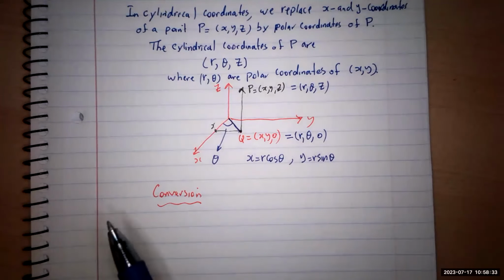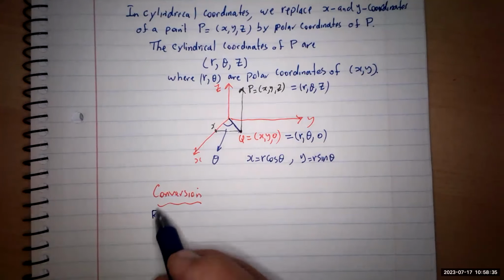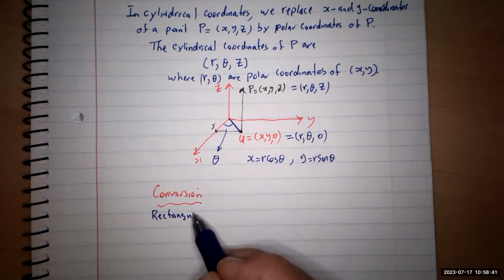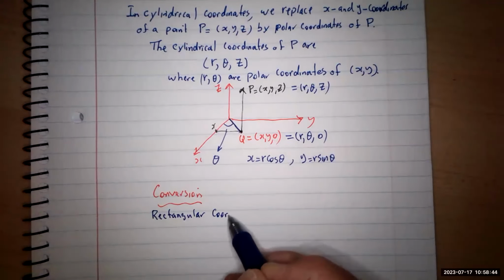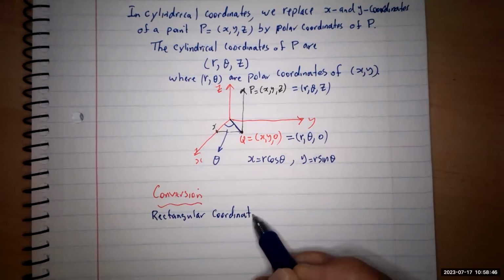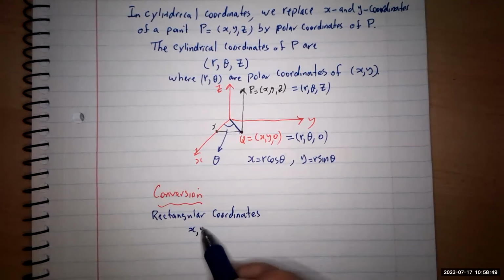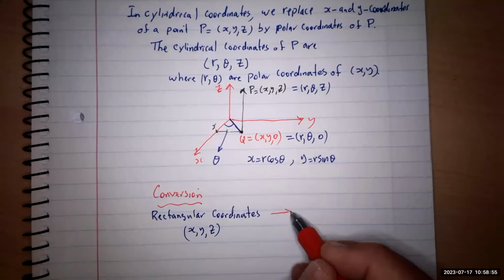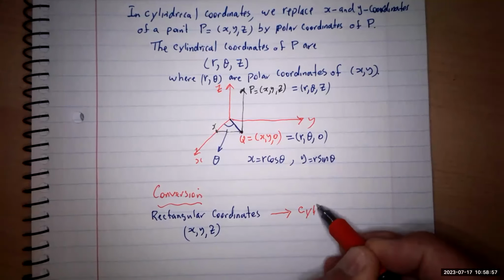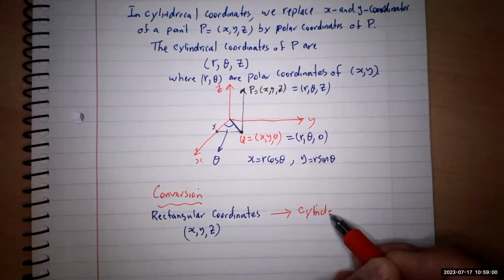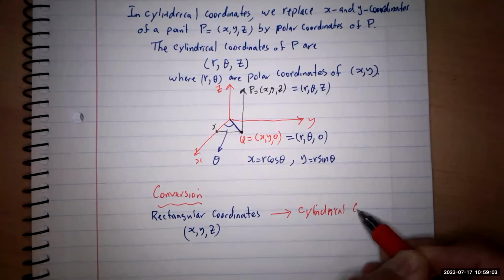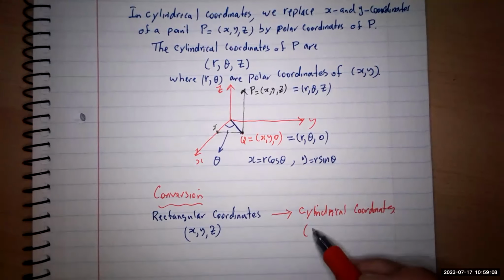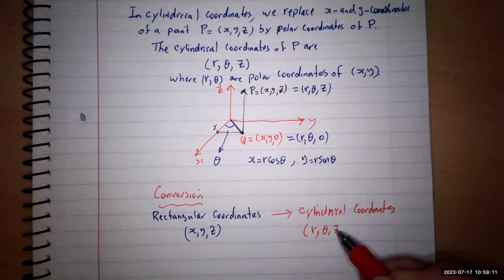So if you have a rectangular coordinate, and your point is going to be x, y, z, and if you want to change this one into the cylindrical coordinates, you are going to change it to the r, theta, and z.